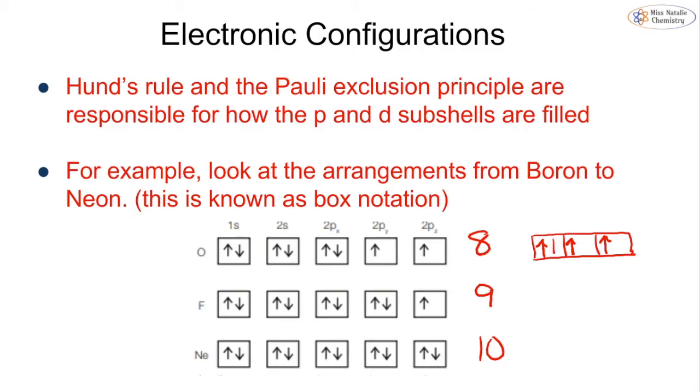So now I have to pair it up with one of my p orbitals, and then I get the notation that we see here. For fluorine, it has 1 extra electron, so it pairs up in the second p orbital, and for neon, all of them are paired, noticing that we have 1 arrow pointing up and 1 arrow pointing down.